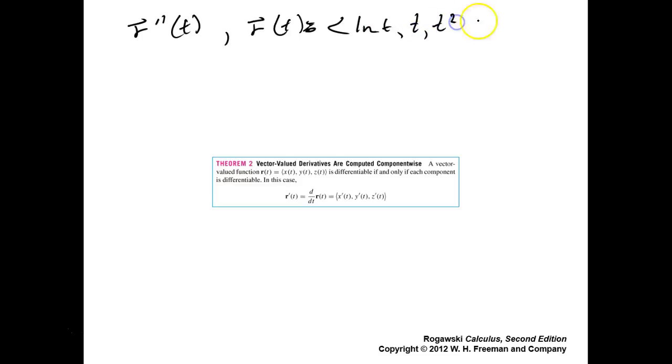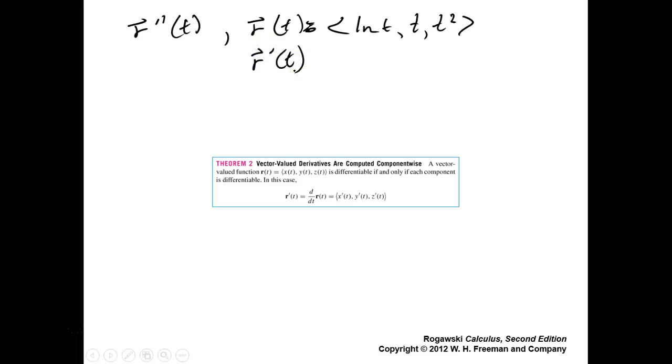Calculate r double prime of 3, where r of t is equal to log t, t squared. Yes, and that would be r prime of t.